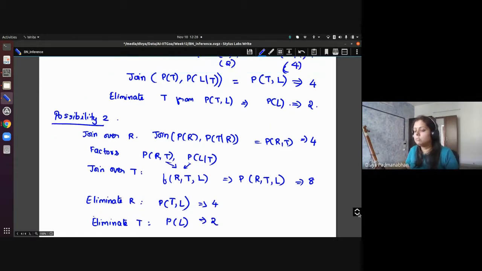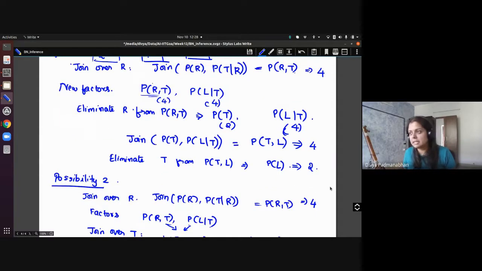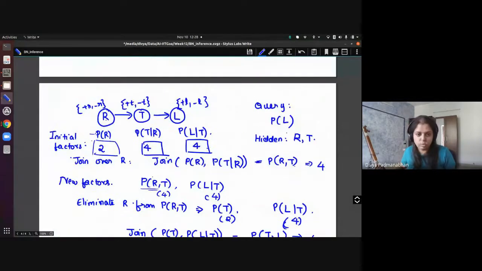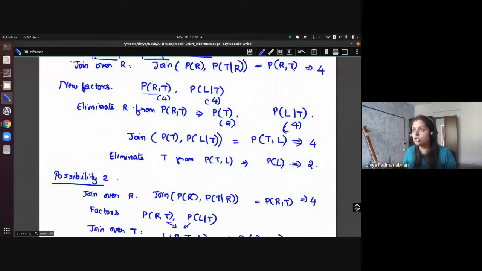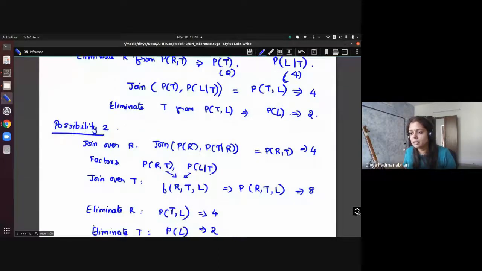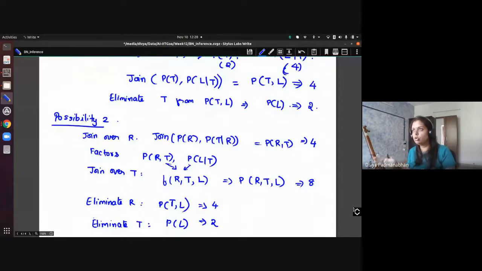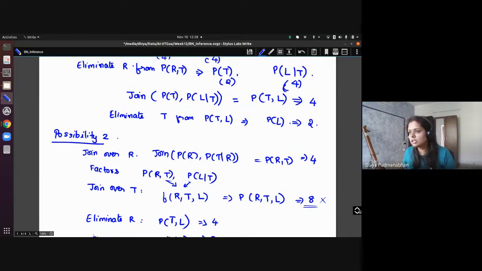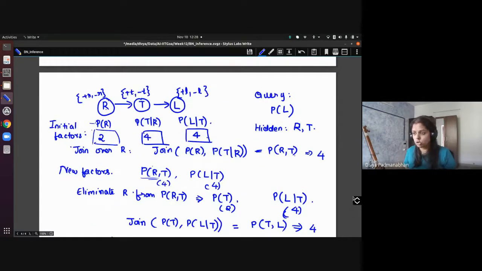So there are different possibilities in which you can compute this query. But you want to do it a little smartly. By interleaving the join and eliminate operations, you can make things faster by overcoming this huge table creation. That's what the algorithm is trying to do.